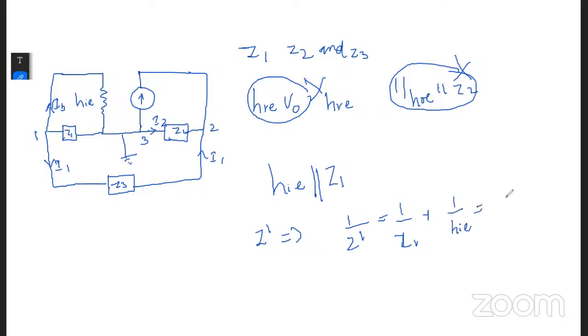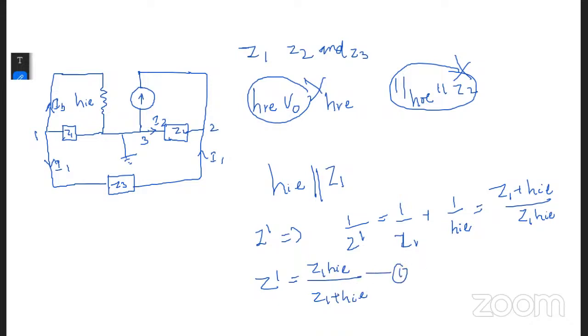If you solve this, it becomes Z1 plus HIE by Z1 HIE. So this is the equivalent impedance: Z dash equals Z1 HIE by Z1 plus HIE.